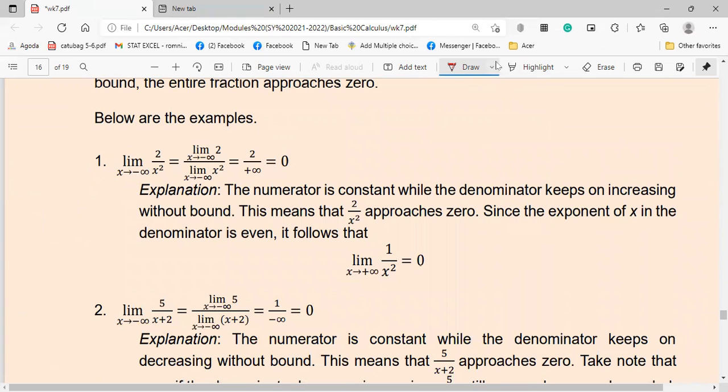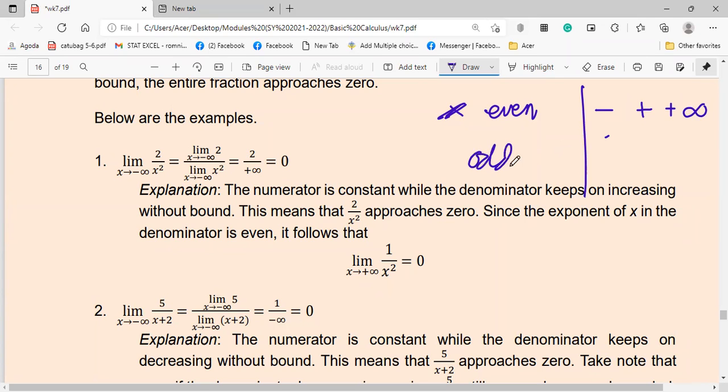Tingnan nyo ang number 1. In number 1, by inspection, or let's have a quick summary of it. Kapag i-summarize natin yan, kapag even, sabay, left at right, infinity, paakyat.